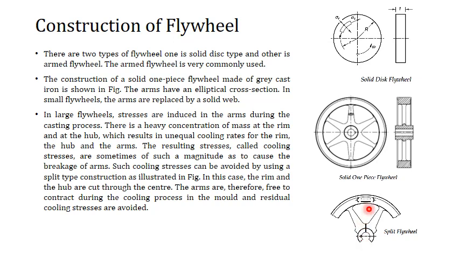So in this case we can see that the flywheel is split in two parts, and separately two parts are casted, and they are joined by means of joining processes, either by means of bolts or other methods, but two pieces are separately manufactured in order to avoid cooling stresses in large size of arm flywheels.